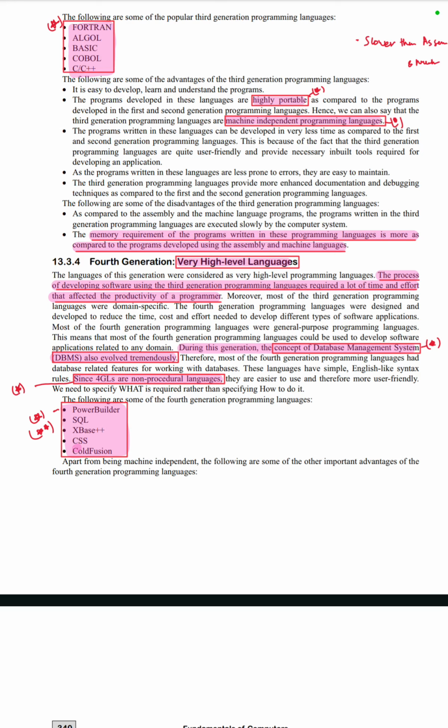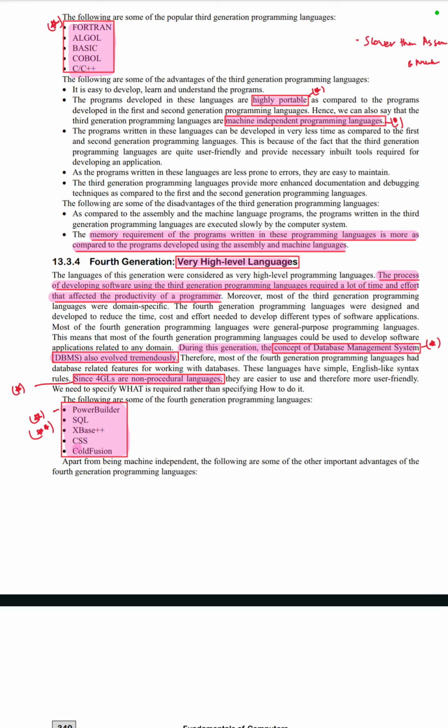Fourth generation: very high level languages. The process of developing software using third generation programming languages required a lot of time and effort that affected the productivity of a programmer. During this generation, the concept of database management system (DBMS) also evolved tremendously.